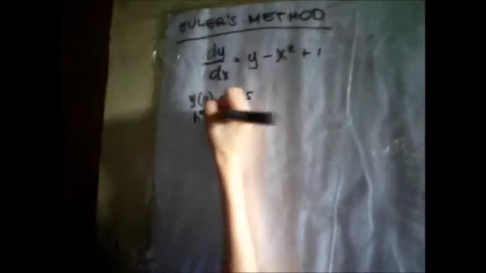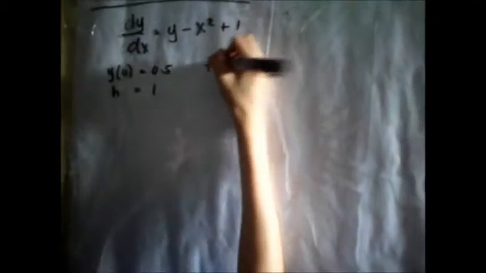Okay, so our next topic is about Euler's method. We have an example of dy over dx is equal to y minus x squared plus 1. We have the given y of 0 equal to 0.5 and a step size of 1. To get the value of y, we should find the f of 1.